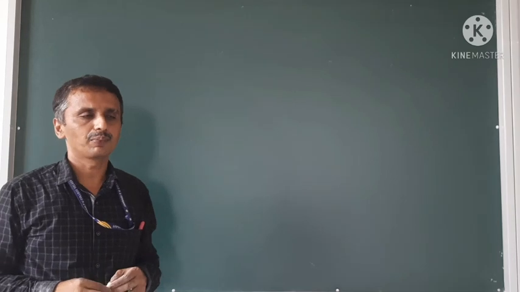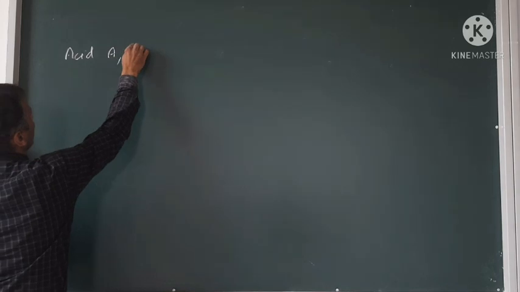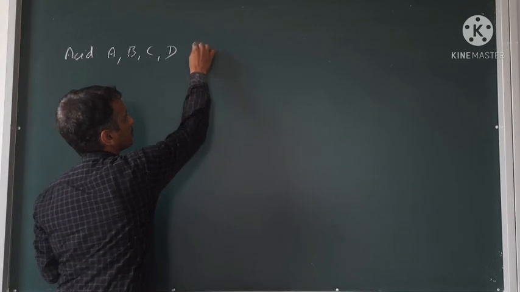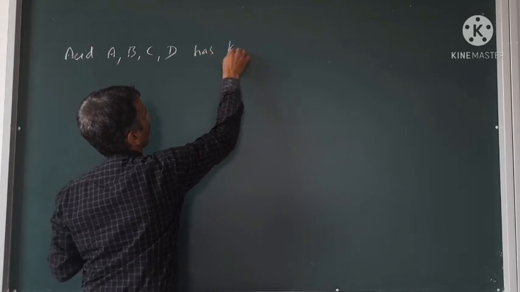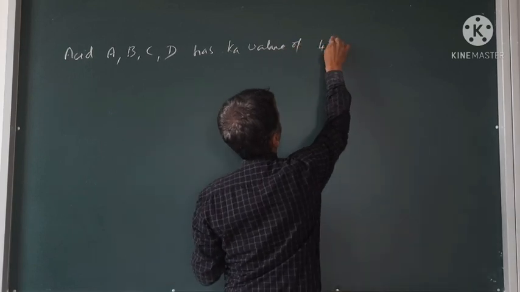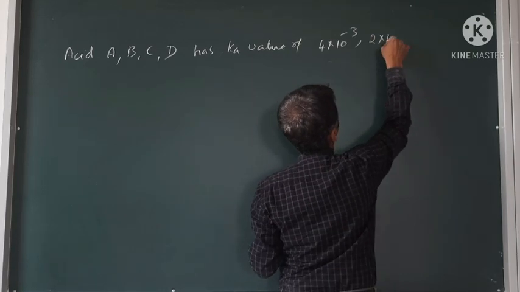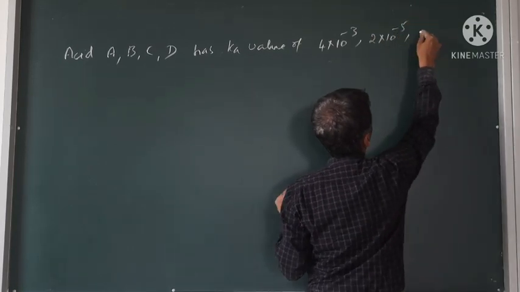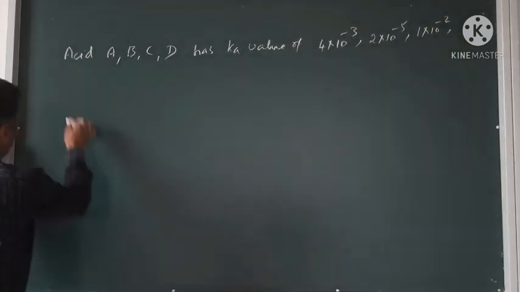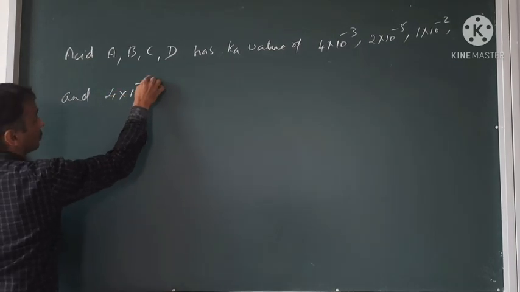Now take an example. Acids A, B, C and D have Ka values of 4 into 10 to the power minus 3, 2 into 10 to the power minus 5, 1 into 10 to the power minus 2 and 4 into 10 to the power minus 5.